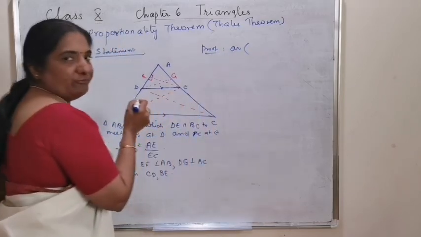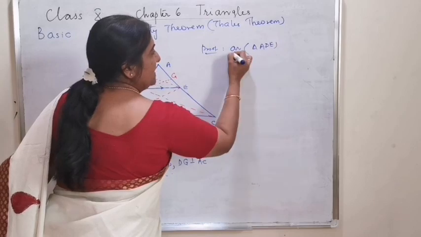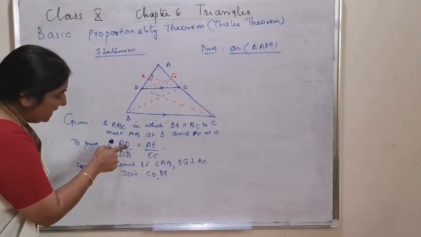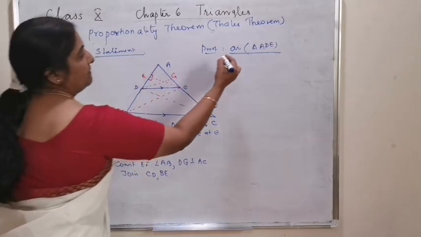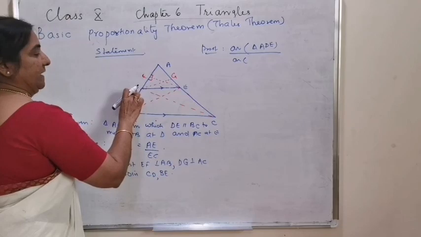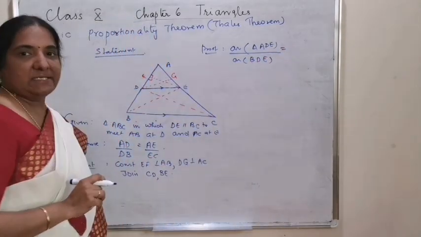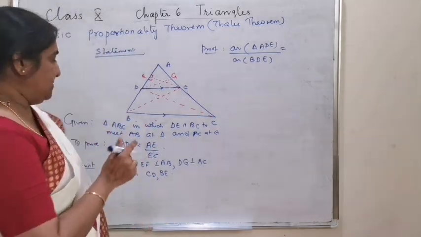Area of triangle ADE by area of triangle BDE is the same, by the formula of half into base into altitude.